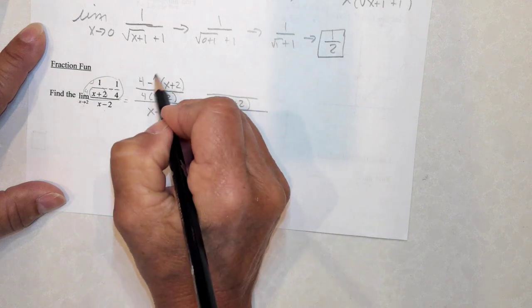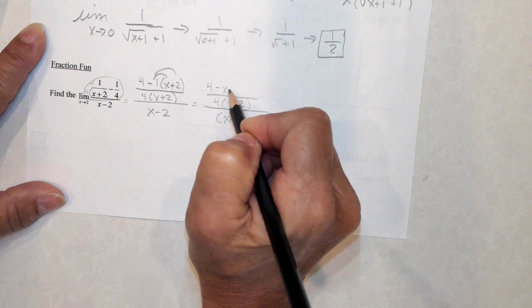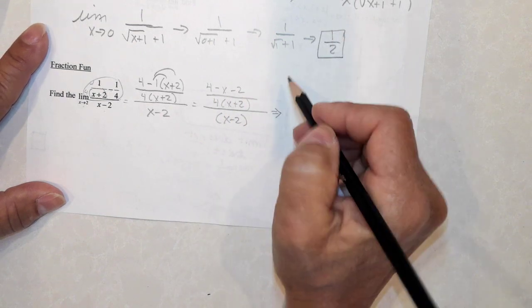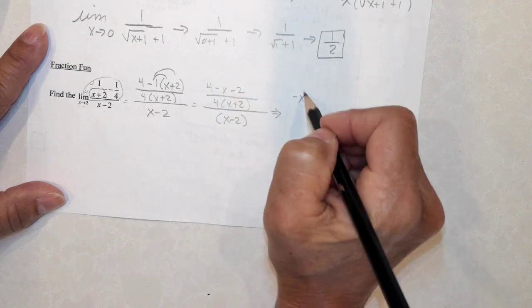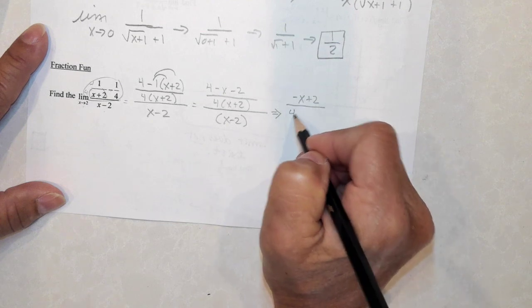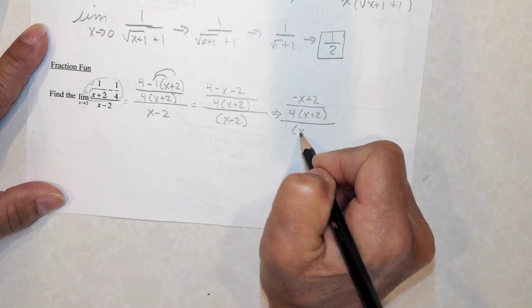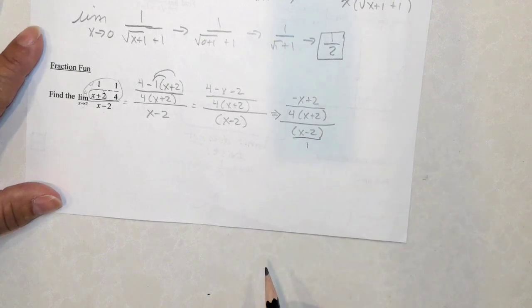What I need to do up here is distribute the negative. So I end up with 4 minus x minus 2. So I'm really just trying to simplify this. So putting the like terms together, I'm going to have a negative x and then a plus 2 over 4 times x plus 2, still all over x minus 2, which isn't over anything, so technically it's over 1.